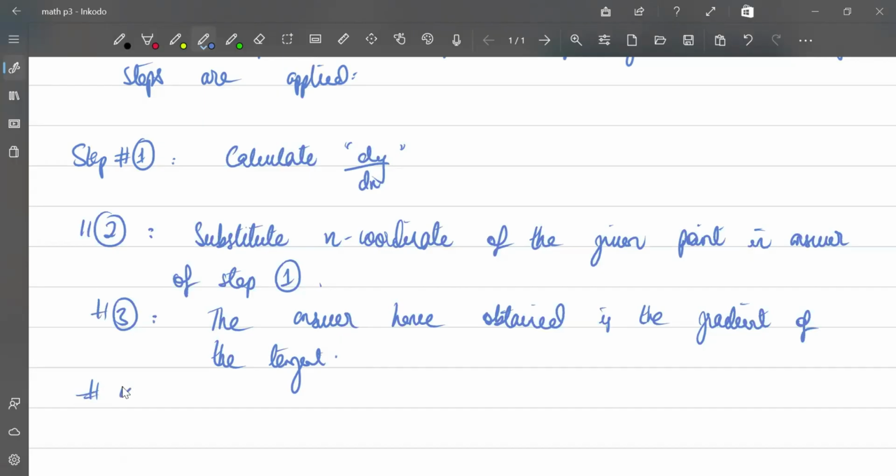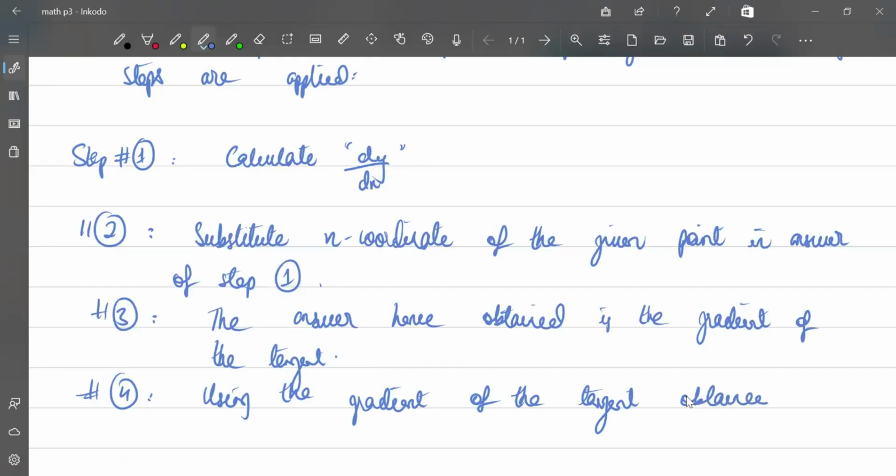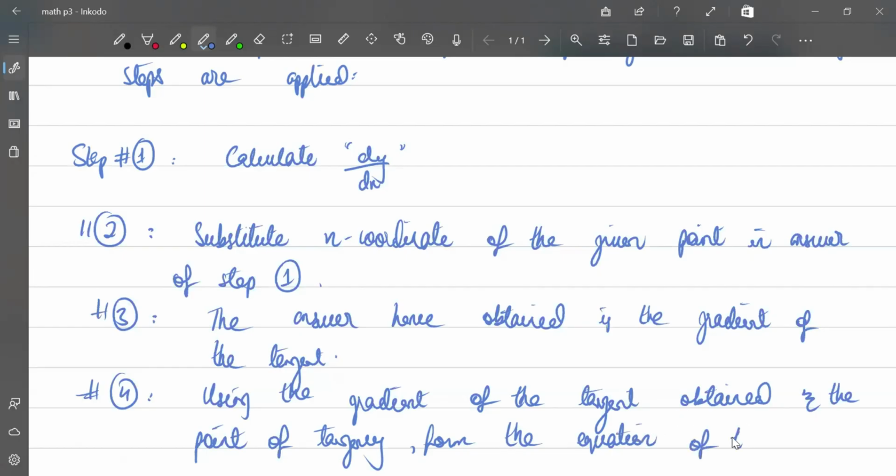Step number four, using the gradient of the tangent obtained and the point of tangency, form the equation of the tangent.